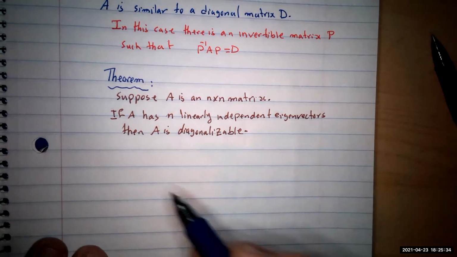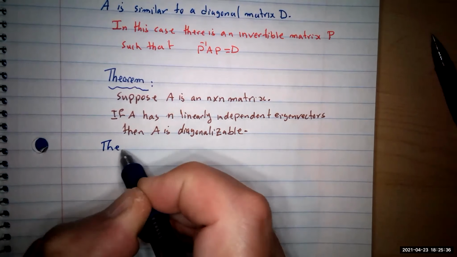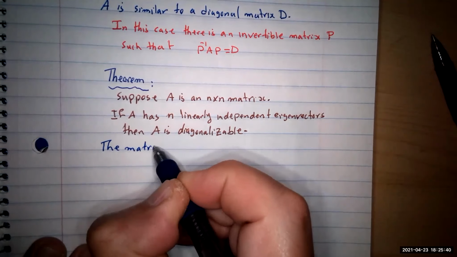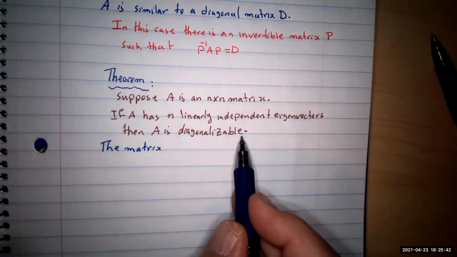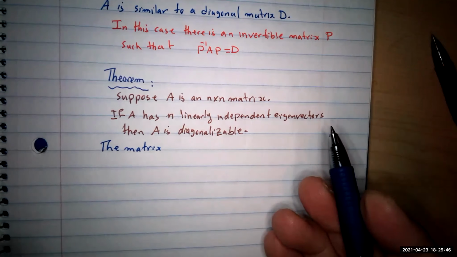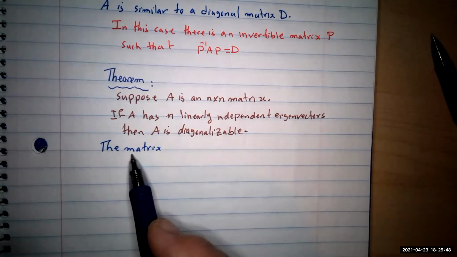So we continue. The matrix, that theorem so far means it's possible. So give us a practical method so that we will be able to do it. So that's the practical method.